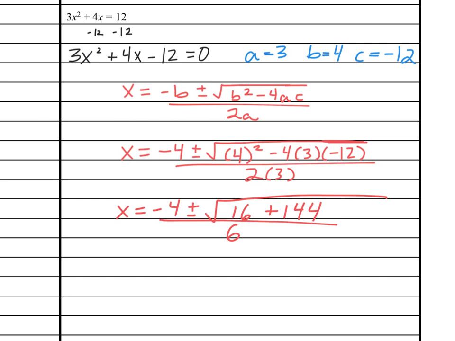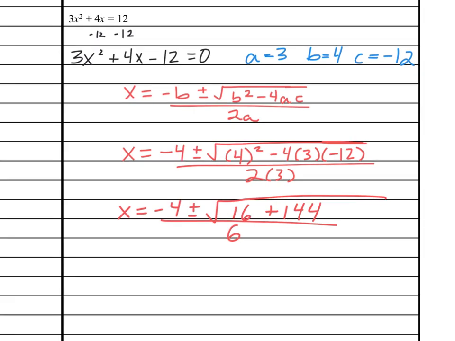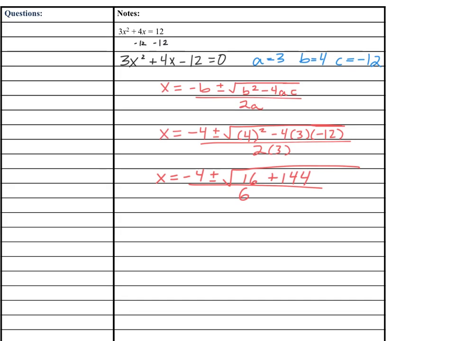This will be the point where you can actually find the square root, or figure out what number goes under that. So you'd be taking the square root of 160. So negative 4 plus or minus the square root of 160 over 6. 160 is not a perfect square.